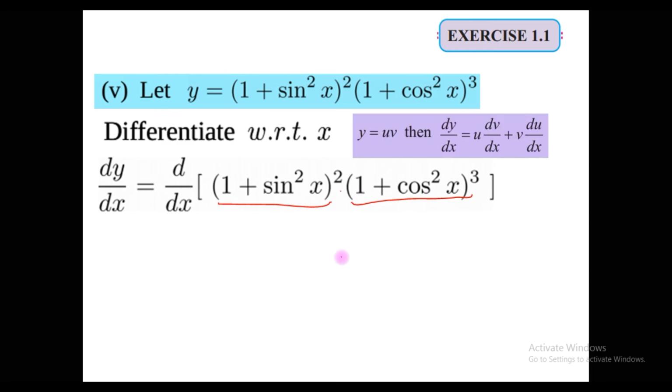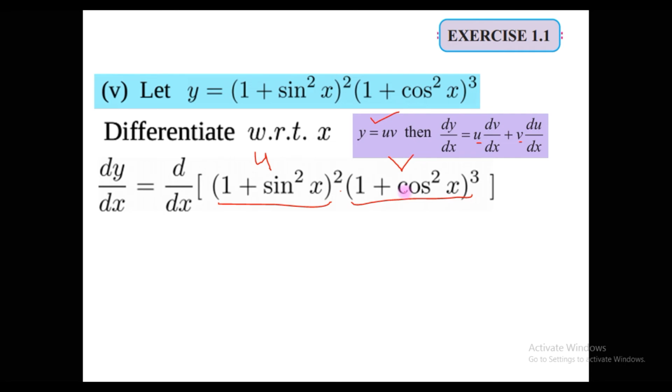So what we should recall? We should recall the derivative of u into v rule. If y is equal to u into v, then derivative is given by u into dv by dx plus v into du by dx. So this is a u part for me and this is a v part for me.